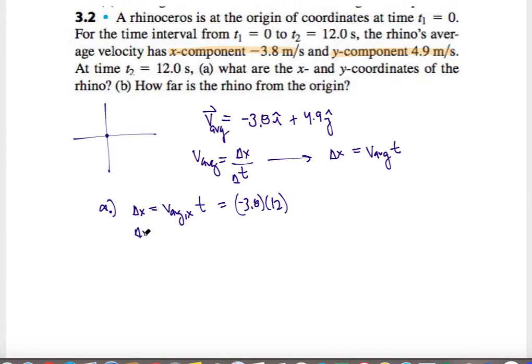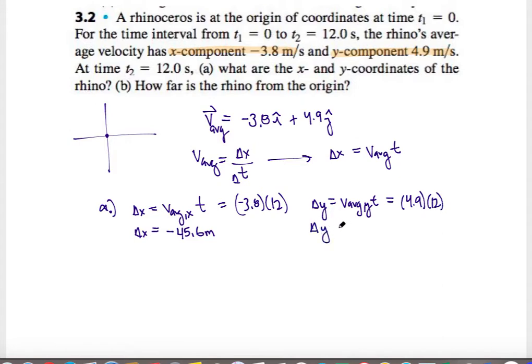So my change in x position, since I start at the origin, is simply going to be negative 45.6 meters. Then my y direction, same deal, just with a different quantity. I'm going to use my average velocity in the y direction multiplied by time, which is 4.9 times 12.